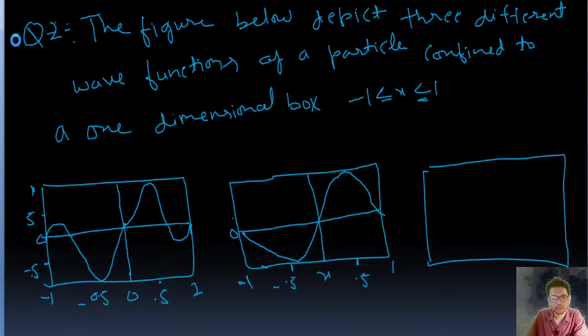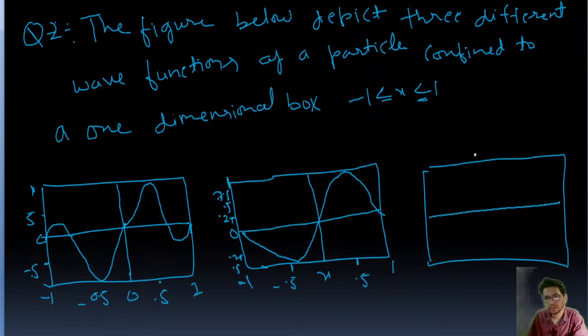Okay, this is the scale given. So this is -0.5, and then 0.25 and 0. Similarly, 0.25, 0.5, 0.75 and 1. Okay. Similarly here, this is the figure given.